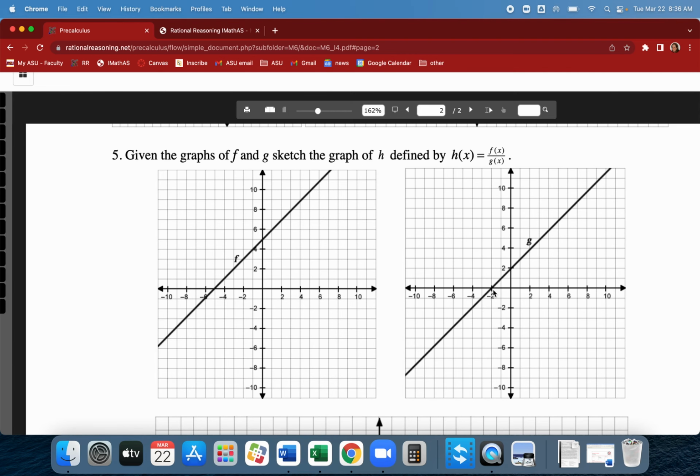So if we're looking for where do these have the same value, they don't anywhere. As x gets extremely far from 0 in either direction, as a ratio, the values are pretty close to one another. So that's where we get pretty close to 1. But there's no spot on these graphs where they have the exact same value. The numerator is always 3 larger than the denominator.